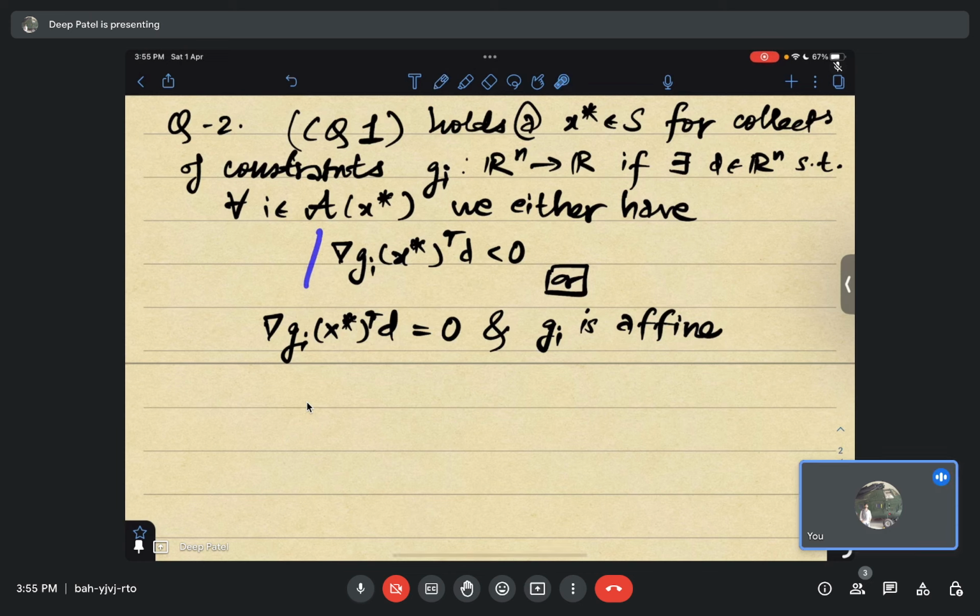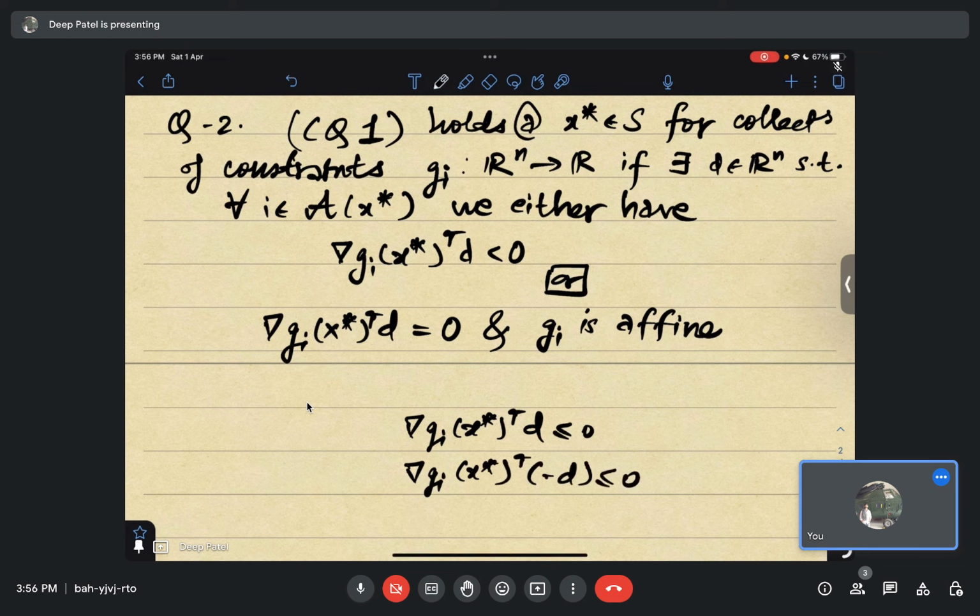So let's be a bit careful here. If you are in the interior of the constraint, then we can approach from any place, right? So that means if I have gradient gi x star transpose d less than or equal to 0, I can then also say gradient gi x star transpose minus d less than or equal to 0, right? If I'm in the interior.